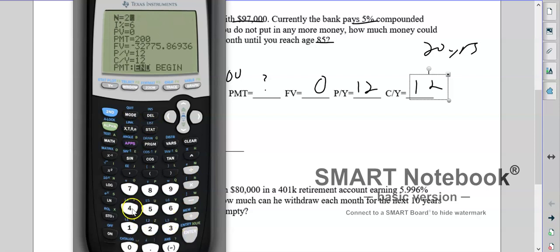My N is 240. My interest is 5, not 6. My present value is 97,000. And again, I'm going to put it without the negative just to show. We don't know the payment. The future value is 0, and 12 and 12 is already ready. So I'm going to go to payment and do alpha solve.